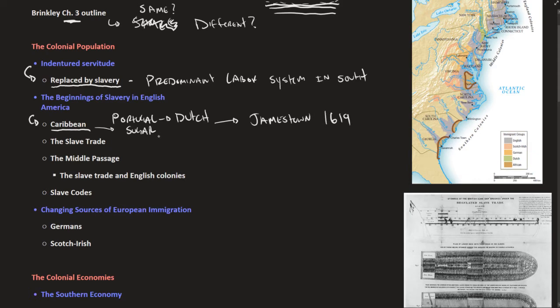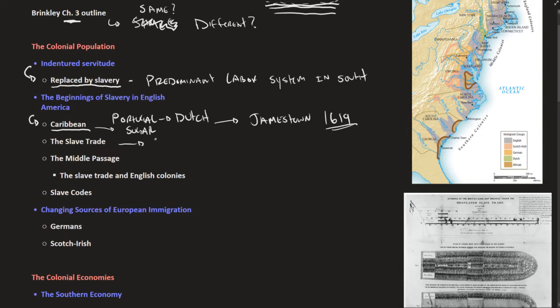So it wasn't the first slaves coming directly from Africa. It's that African slavery had already existed in the Caribbean under the Portuguese and the Dutch on sugar plantations. And the first African slaves arrived then at Jamestown to grow tobacco in 1619. And that's why that year is important.